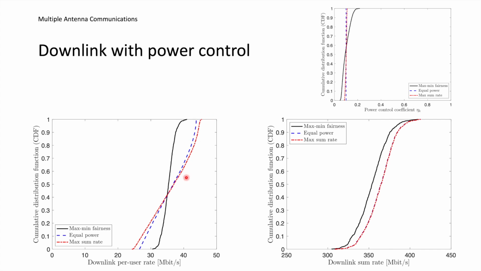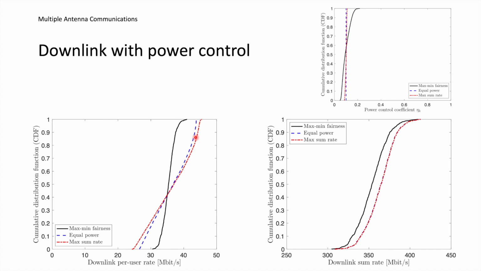Remember that we are using waterfilling power allocation here, so the better channel you have, the more power you will get. And that also means that the worse channel you have, the less power you will get, and that's why we have worse performance for the weakest users, but better performance for the users with good channels. An equal power allocation is rather close to the maximum sum rate case.